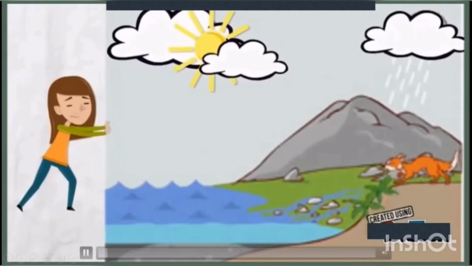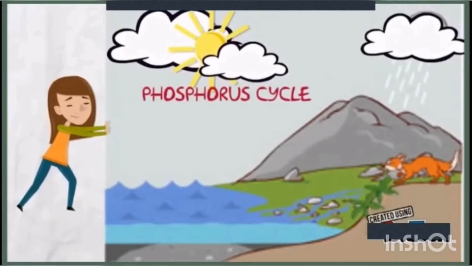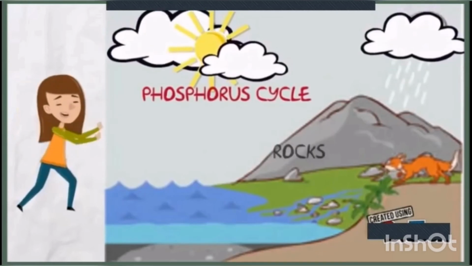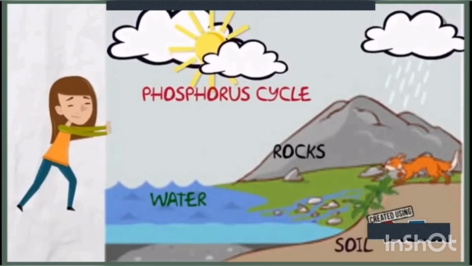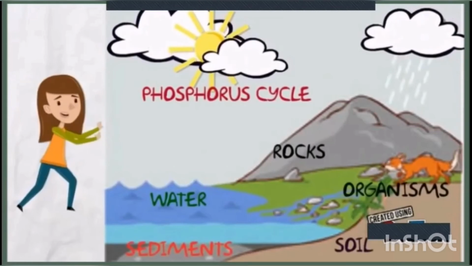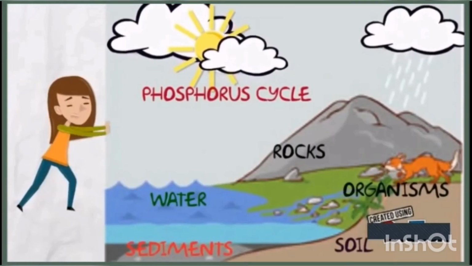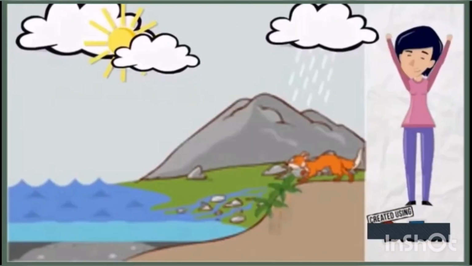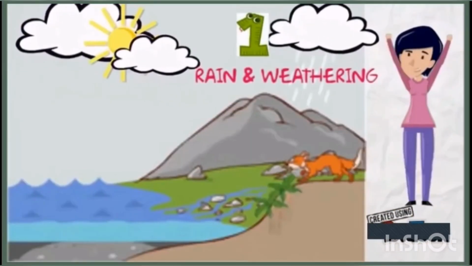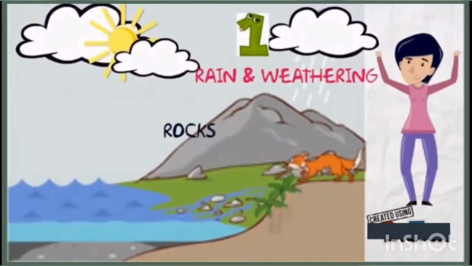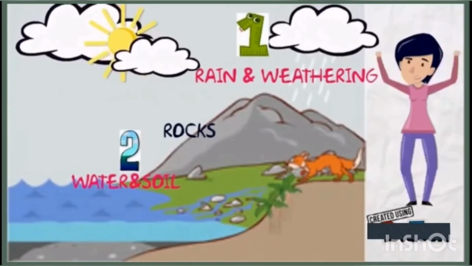Here I introduce you to the phosphorus cycle. Phosphorus moves in a cycle through rocks, water, soil and sediments, and organisms. Here are the key steps of the phosphorus cycle. Over time, rain and weathering cause rocks to release phosphate ions and other minerals. This inorganic phosphate is then distributed in soils and water.